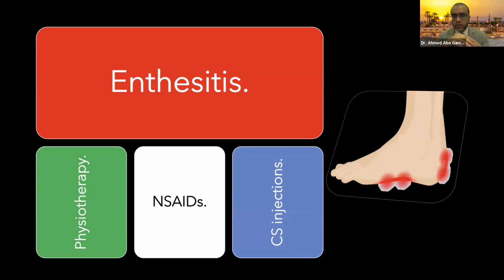Local injection is very feasible, especially for non-weight-bearing sites like the shoulder and elbow. It's very easy to do and usually recommended. But for lower limb enthesitis, especially Achilles tendonitis, you have to be very careful. It's not feasible to apply due to the risk of tendon rupture.